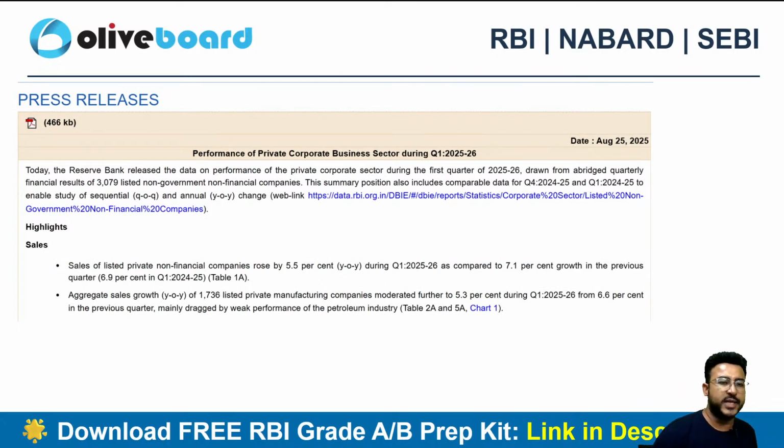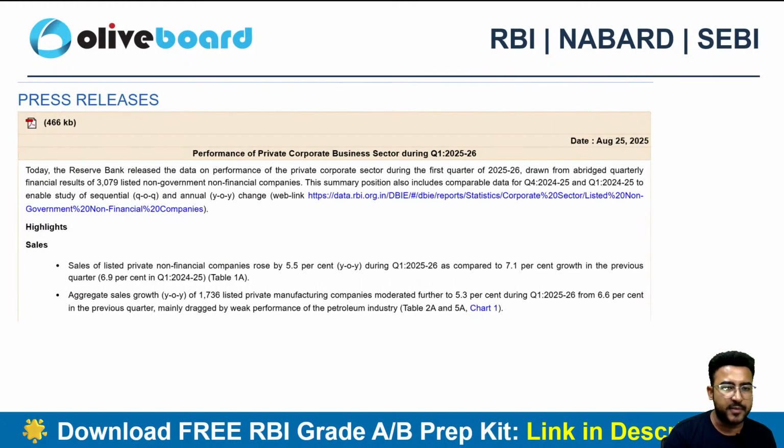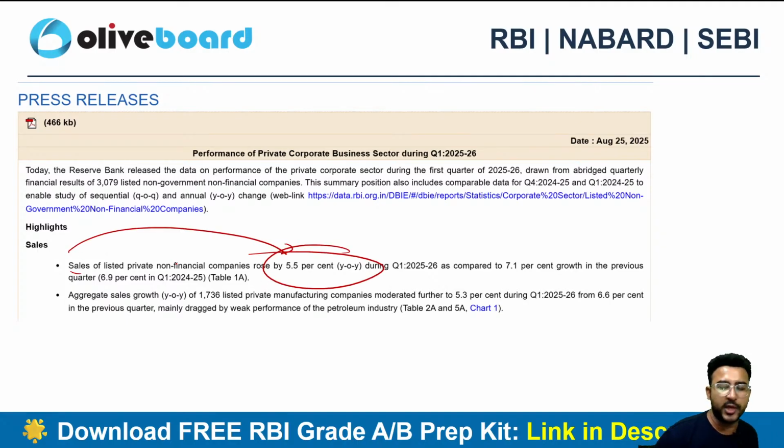Then next one is the performance of the private corporate business sector during Q1 of financial year 2026, right? This is the private corporate business performance data. So please remember from this data that sales of the listed private non-financial companies have increased by 5.5%, on a year on year basis.